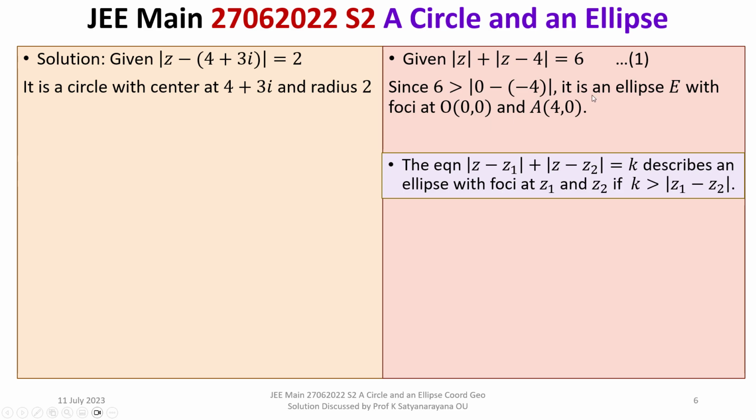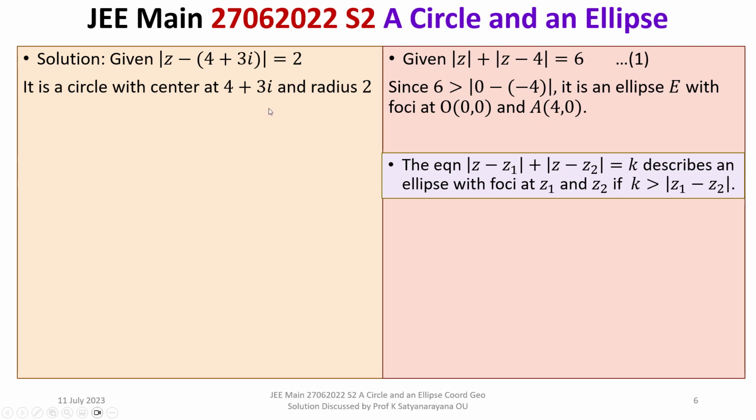Yes, it is correct. So it represents an ellipse E with foci at the complex number 0, that means the origin (0, 0), and at a point A (4, 0). These are the foci of this ellipse. Now notice the center of the circle is 4 plus 3i and one of the foci is at A (4, 0).